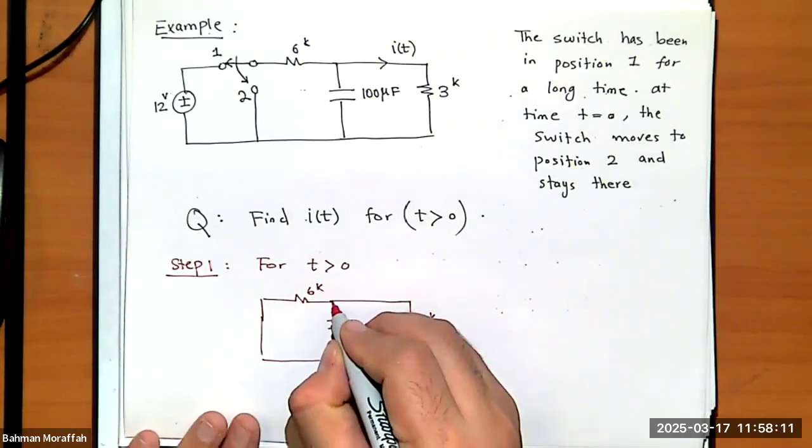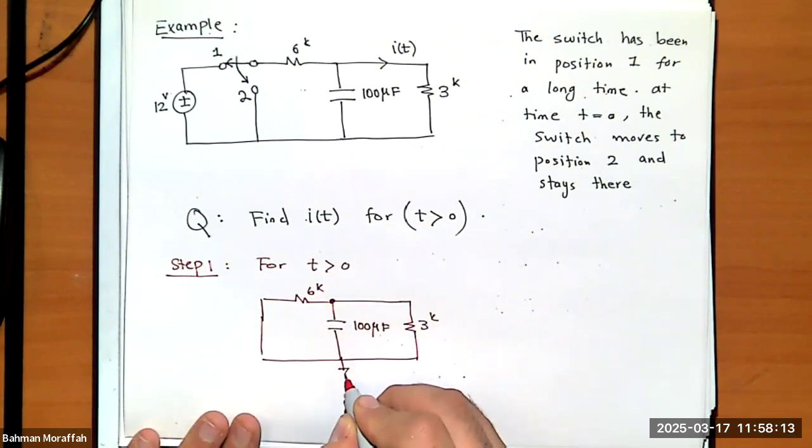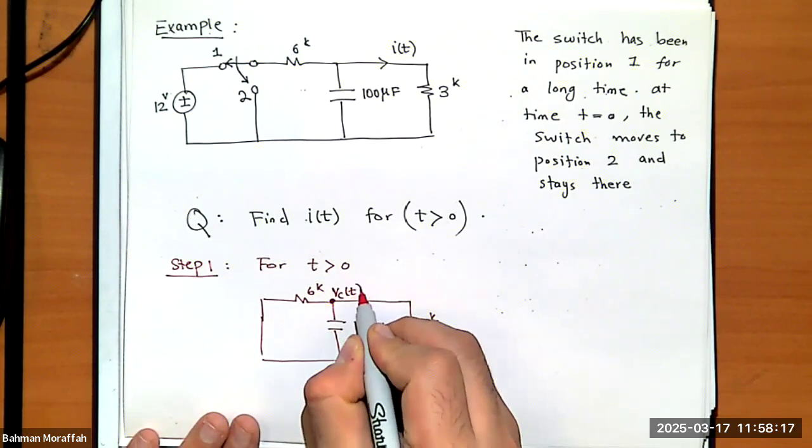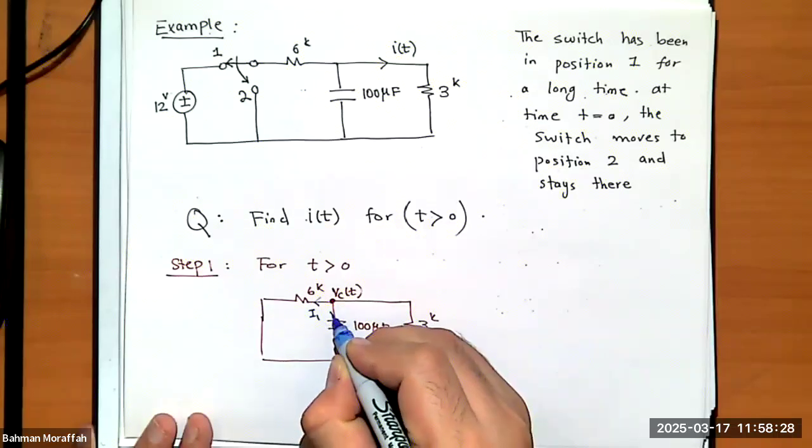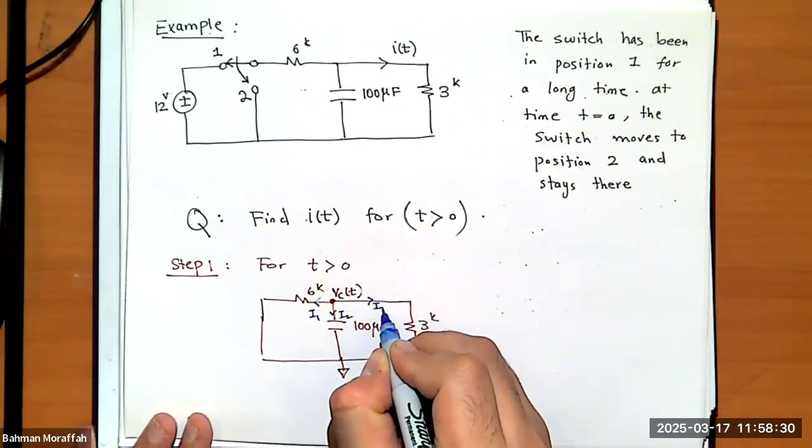But look, do you agree if I call this a ground, this node over here is Vc of t? Do you agree with that? So if I write a KCL at this top node, what do I have? Let's just call this I1, this I2, and this I3.